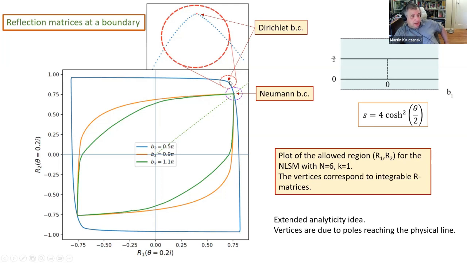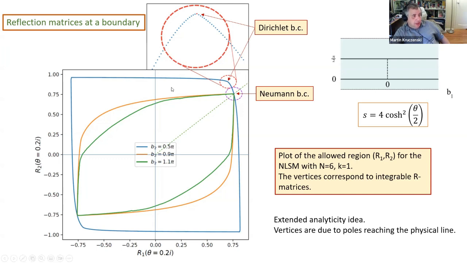But the reason I'm saying this is because we can use another technique, which is to expand or enlarge the number of constraints, which reduces the space of allowed functions. And in this case, we increase the analyticity region, saying, well, we don't have any bound states, so we don't have any poles in the physical sheet, but we're going to go to the next sheet and say that there are no poles there in a certain region.